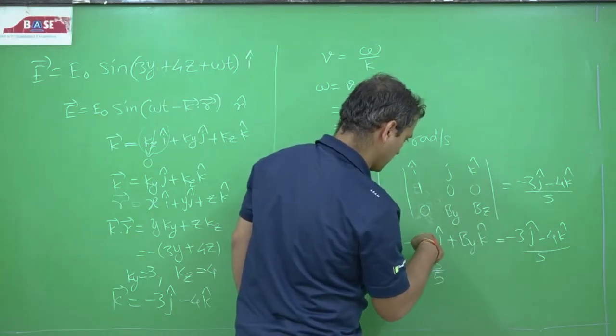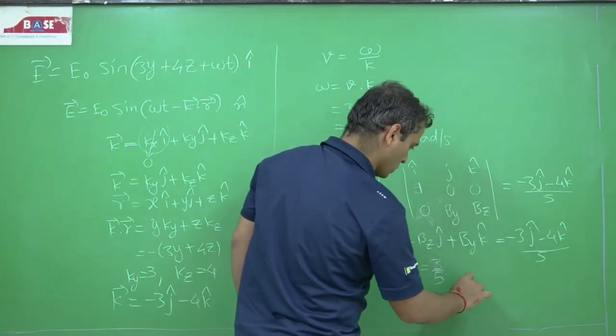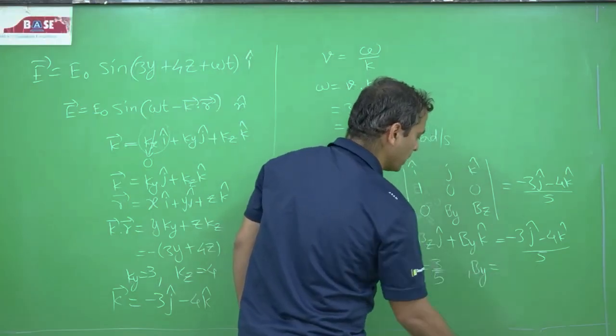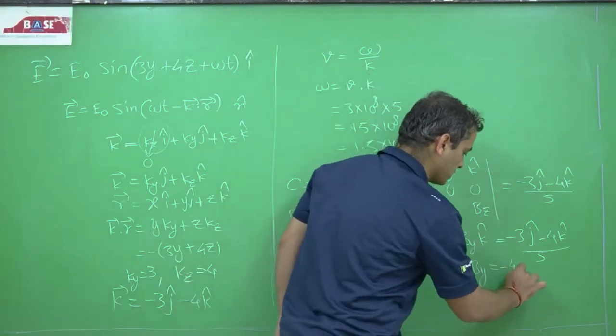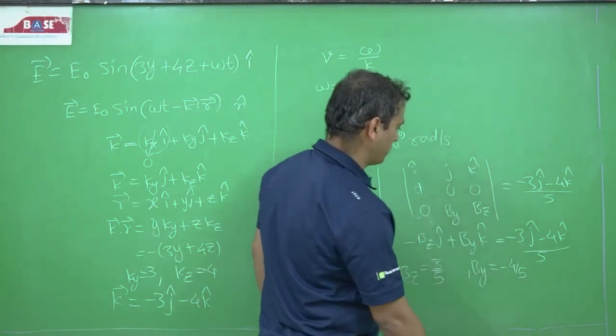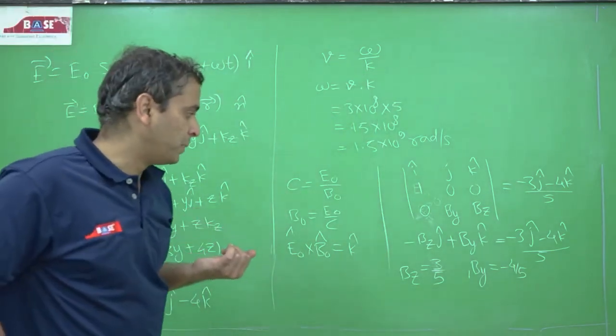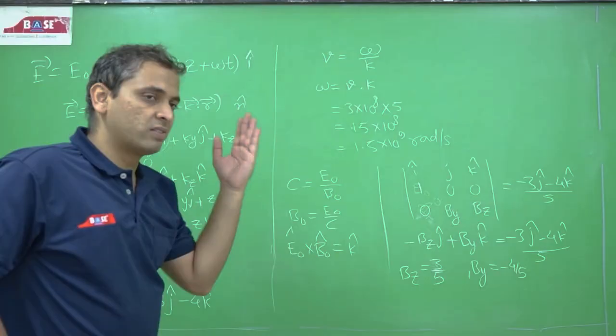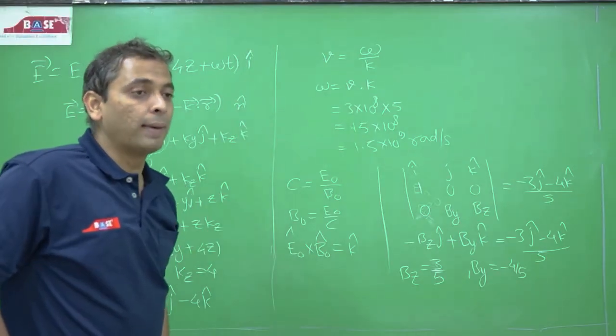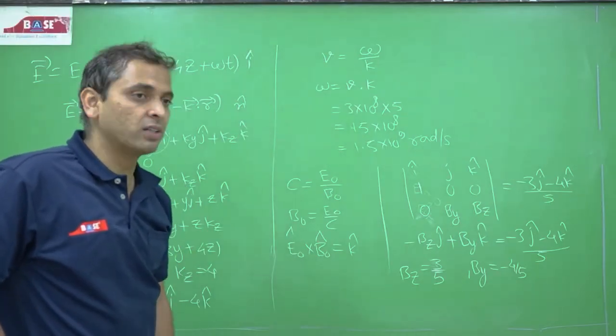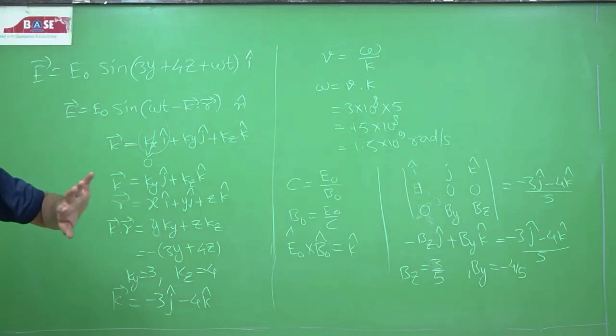Minus Bz into j cap and k cap into By. So we are getting By as minus 4 by 5. E naught cap cross B naught cap is k cap. So Bz, By, this doesn't appear to be matching with option D. So the answer here will be A is correct, C is correct, B and D will be wrong.